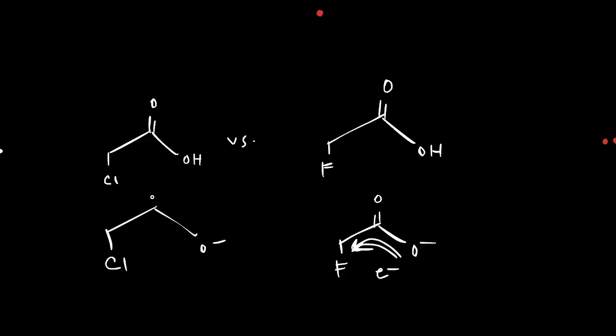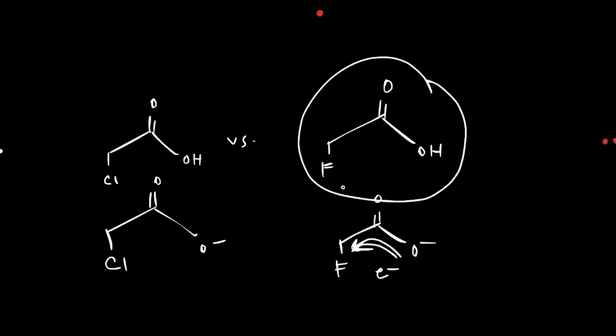So from that, we can see due to the inductive effect, this is going to be our stronger acid here because the conjugate base of this acid is more stable and thus less reactive than this one.